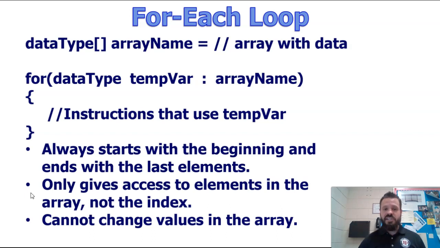Also, it only gives access to the elements in the array, not the actual indexes. So this is going to limit us on how we can actually process that data. Basically, we can't change the values in the array because, again, we don't have access to the index. We only have a temporary variable with the array values.